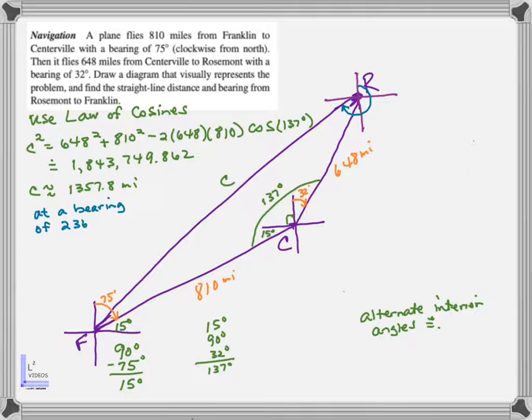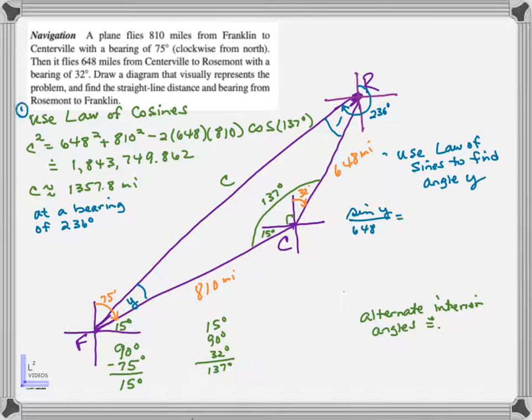We do get a bearing of 236 degrees, but let me show you how. We use law of sines to find angle y, this angle down here. Sine of y over 648 equals sine of 137 degrees over 1357.8, which was side C. We find that y is approximately 19 degrees.